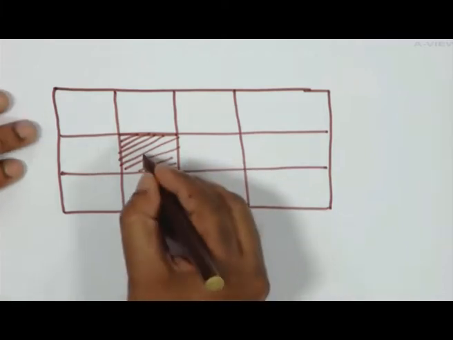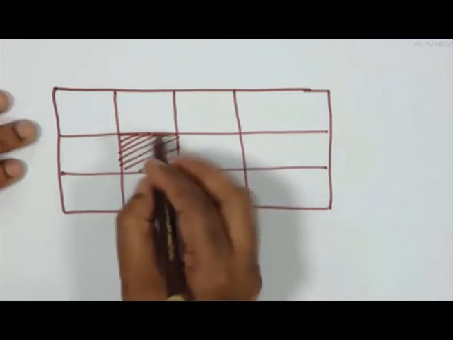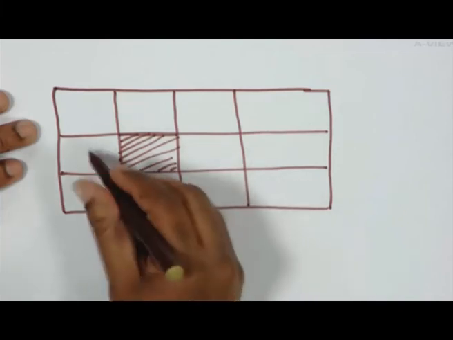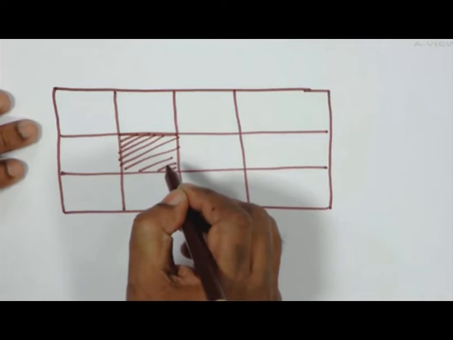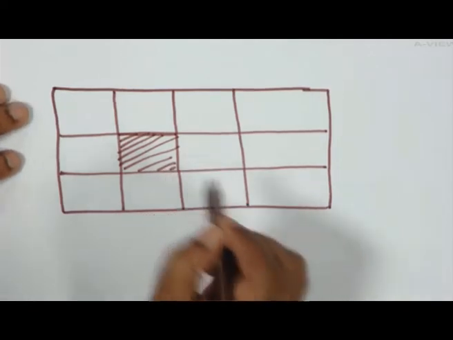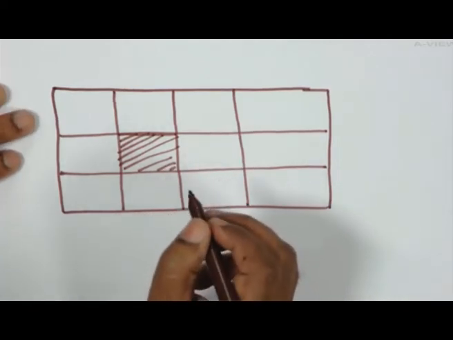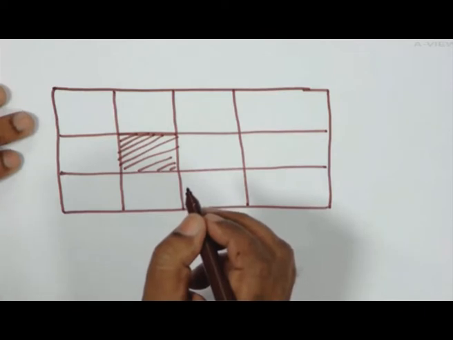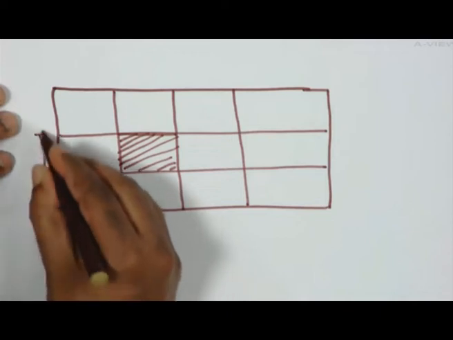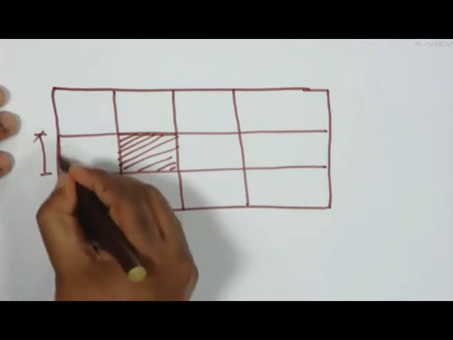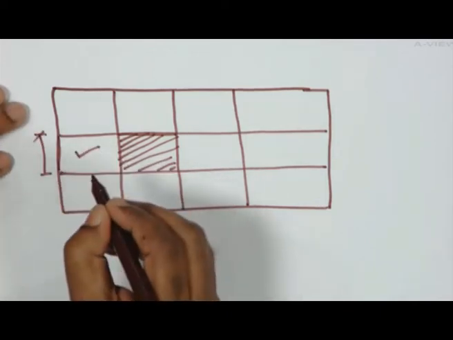This is called an interior panel, because on all sides we have slabs. The next one is where one short edge is discontinuous. Let us consider this one as the short edge; that means one short edge discontinuous.